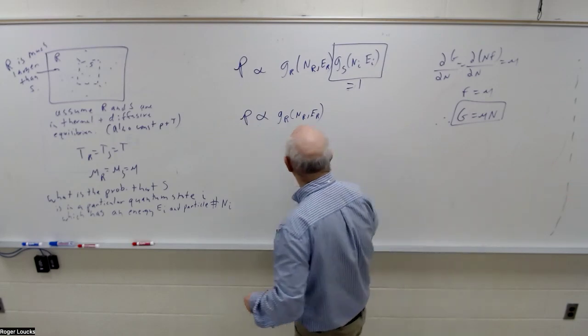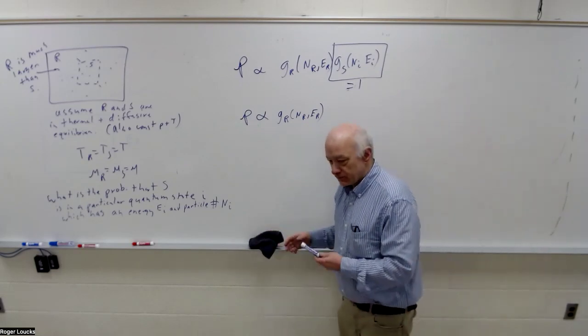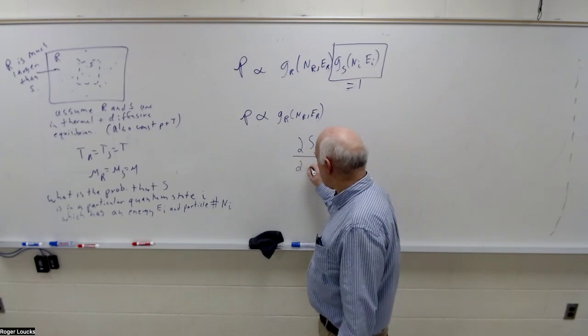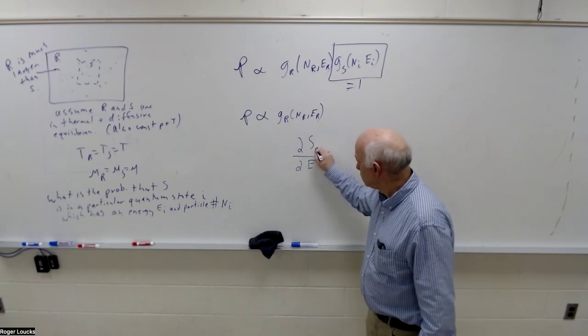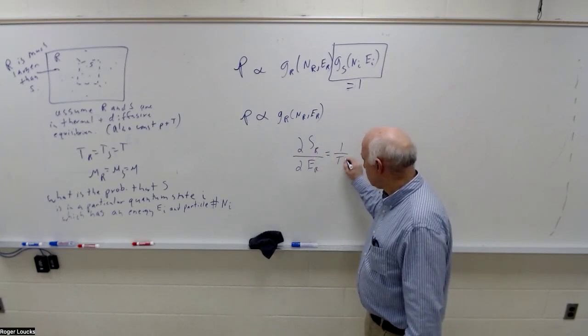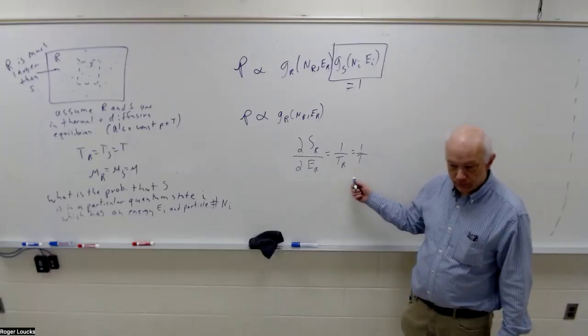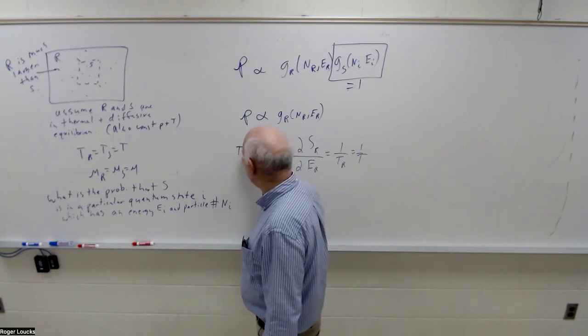But we're pros at this now. You tell me the implication of this. I know that the partial of S with respect to E is 1 over TR, which is 1 over T. This is for microcanonical and thermal equilibrium.